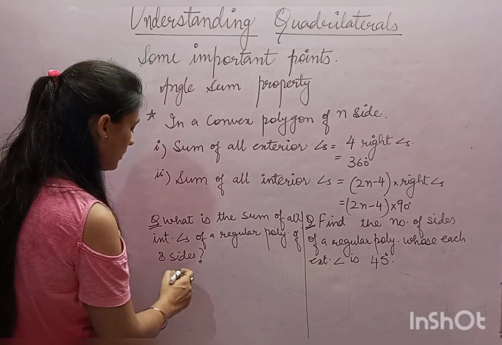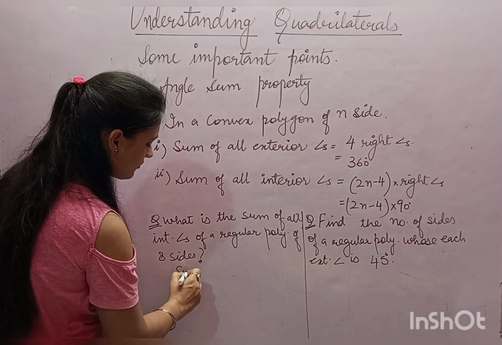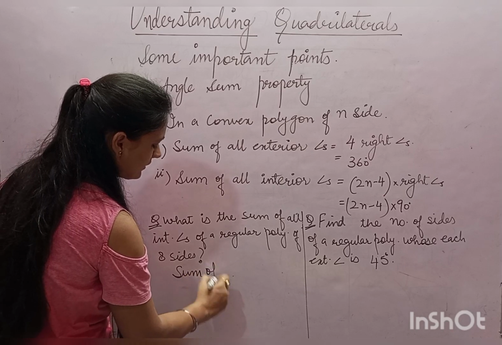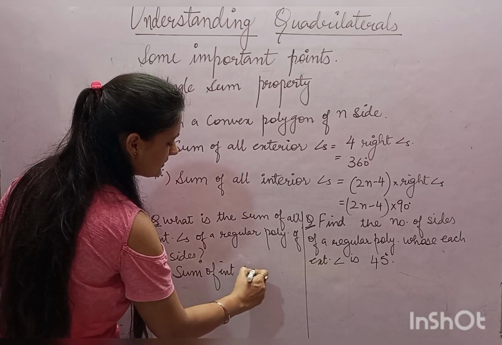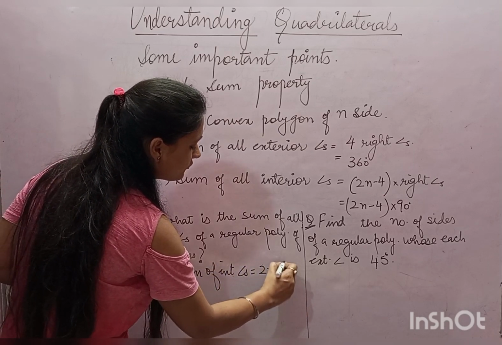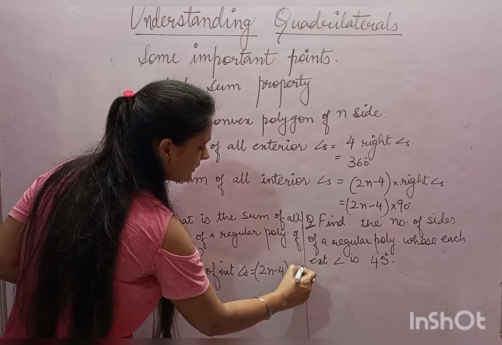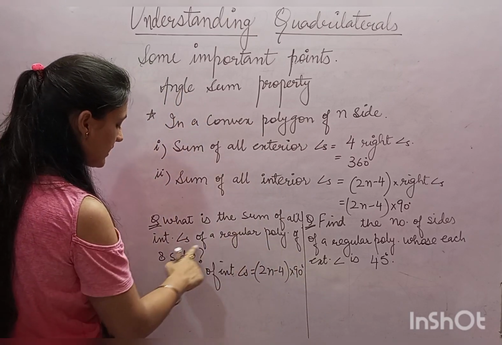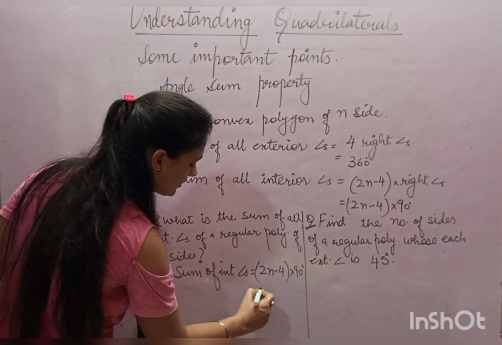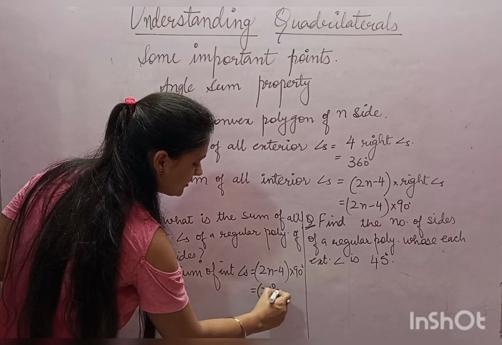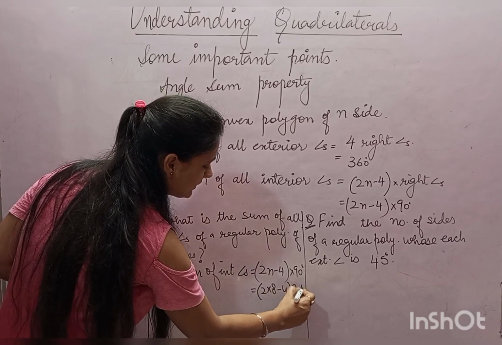We know the formula. What is the formula here? Sum of interior angles, that is (2n minus 4) multiplied by 90 degree, right? Here what is n given? 8. So we'll write down (2 multiply 8 minus 4) multiplied by 90 degree.